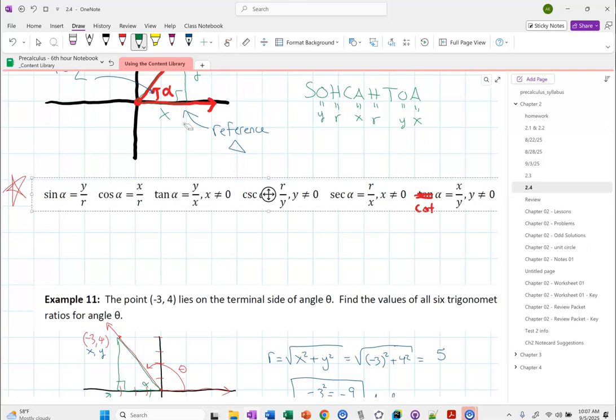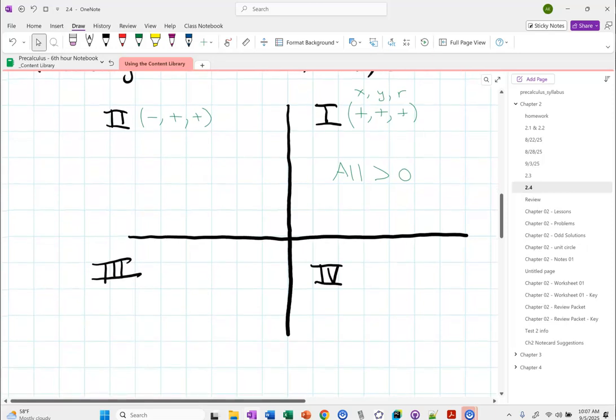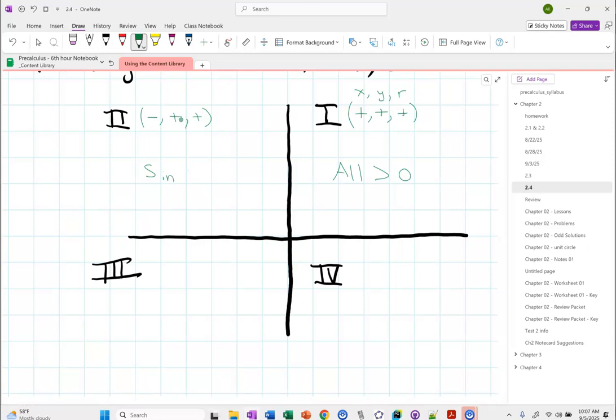But sine is positive because it's y over r, positive over positive. And the same is true for their reciprocals, right? The reciprocal of sine is still positive. The reciprocal of cosine is still negative. The reciprocal of tangent is still negative. So sine and its reciprocal are the only ones that are positive there, right?